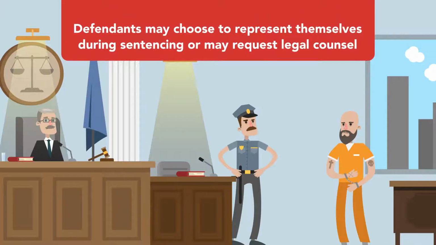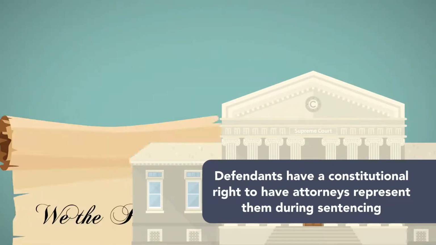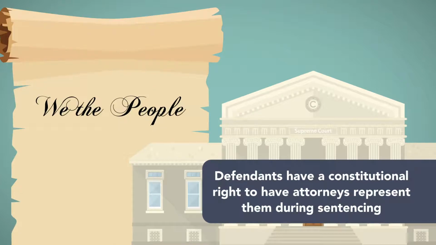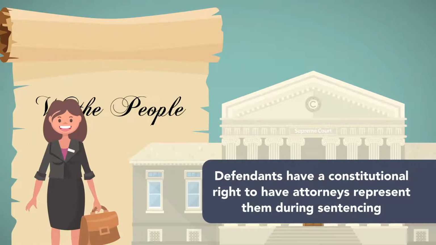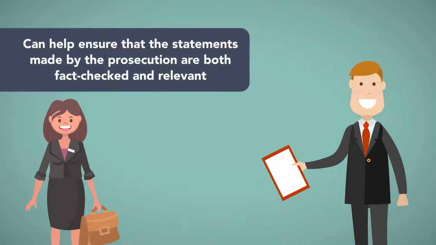Defendants may choose to represent themselves during sentencing or may request legal counsel. The Supreme Court has ruled that defendants have a constitutional right to have attorneys represent them during sentencing unless they waive that right. Having an attorney during sentencing can help ensure that the statements made by the prosecution are both fact-checked and relevant.